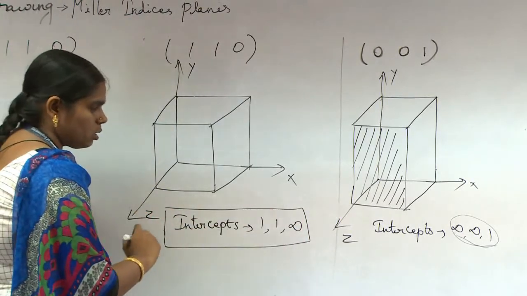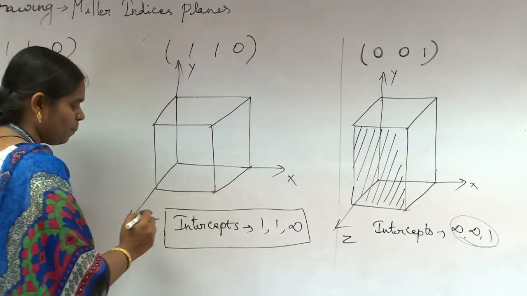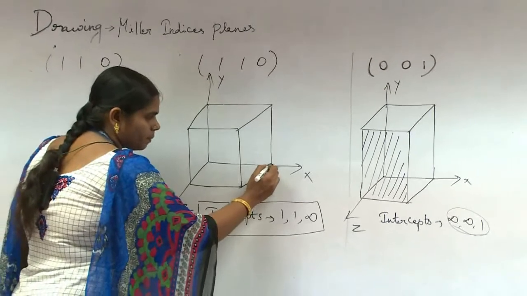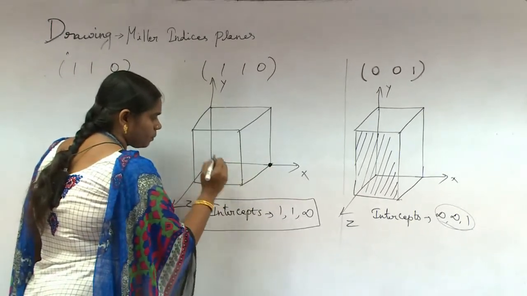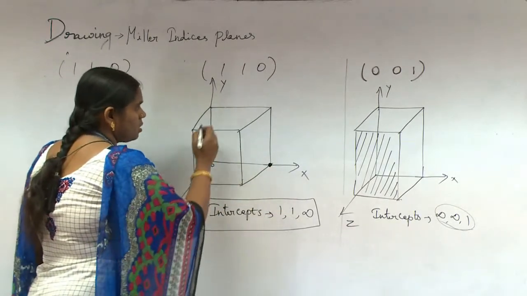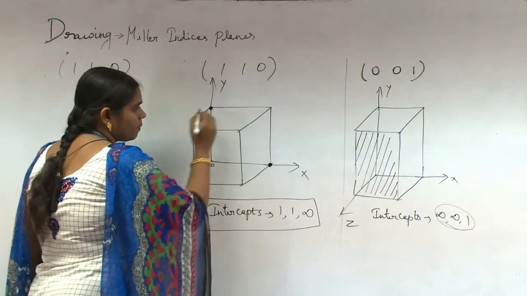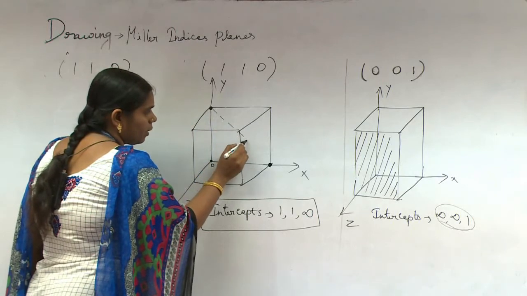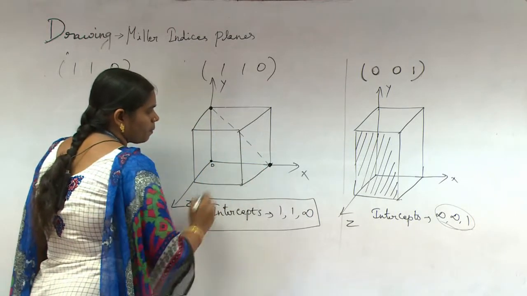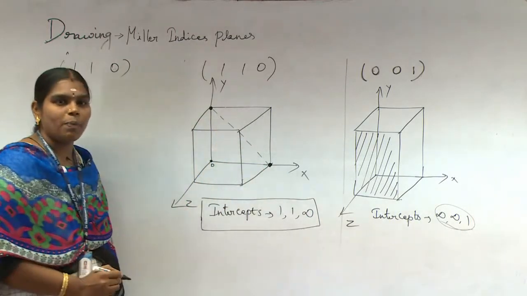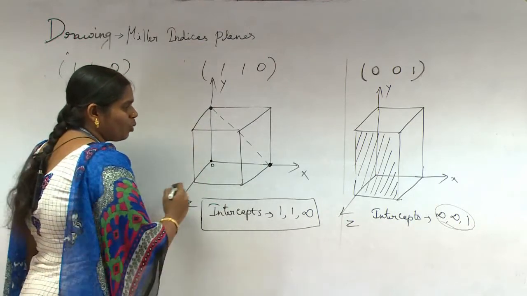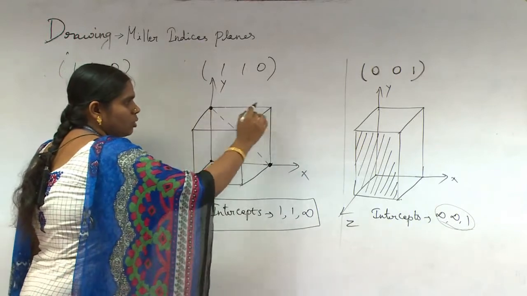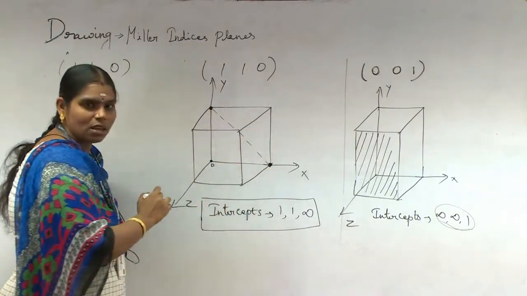So how to go about this? It's an easy way to draw this plane. Along the x axis, you just mark a point from the origin. Along the y axis, you mark another point. Now join this with a perforated line. Now it is just a line, it is not a plane. You can see how to remember this: it is a diagonal to the back face of this cubical lattice.